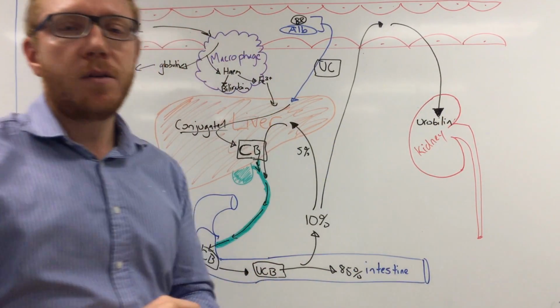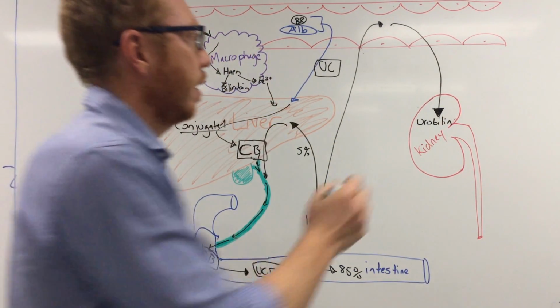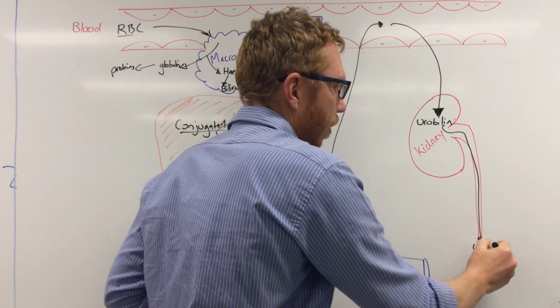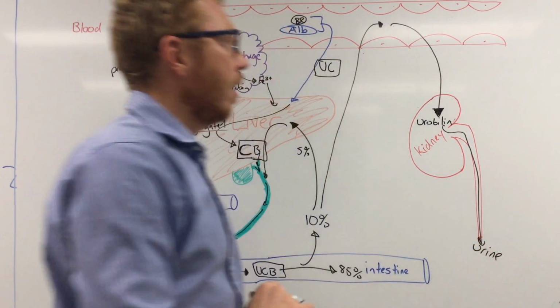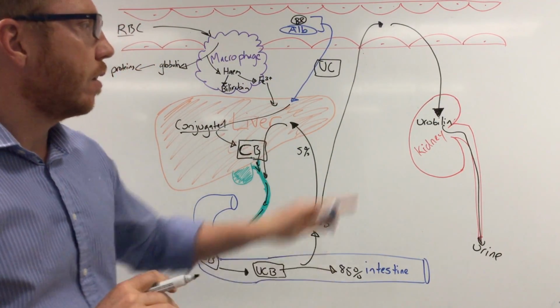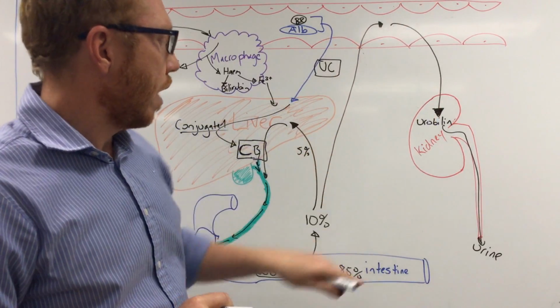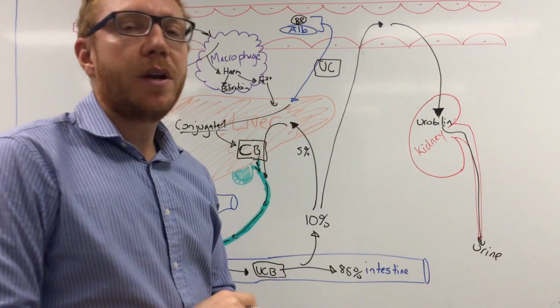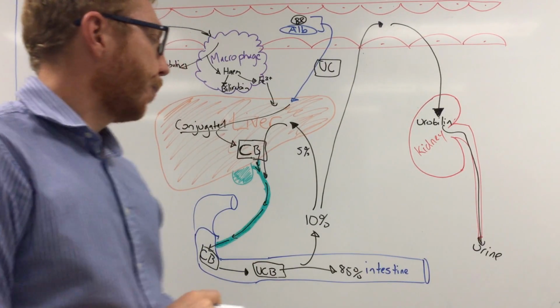So that urobilin will then be processed in the kidney and excreted out through urine. And that urobilin will be essentially the yellowing of the urine. So that's going to be the reason why you get that yellowing aspect of your urine.